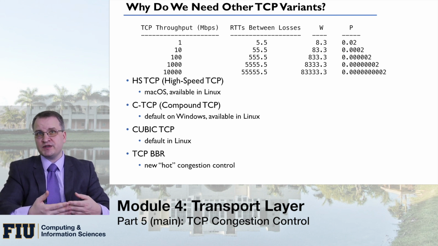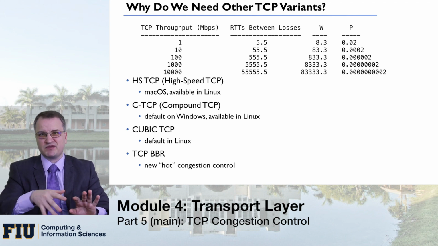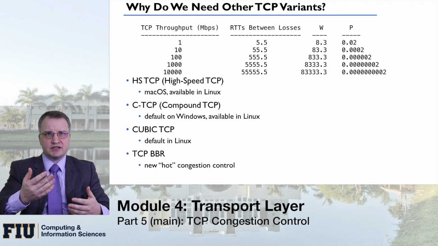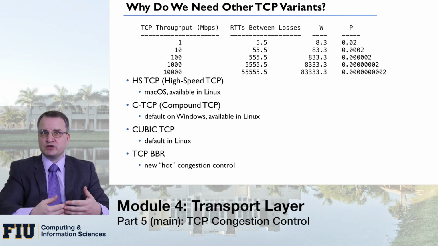For slow networks, it was working okayish, like 1 megabit, maybe even 10 megabit per second. But when we got to gigabit networks, like 1 gigabit or 10 gigabit, the picture became quite bad.